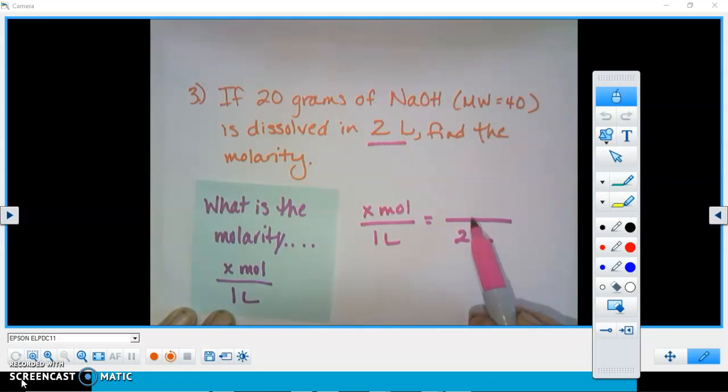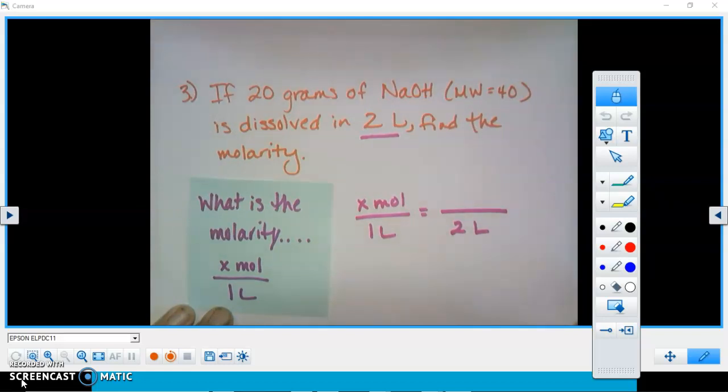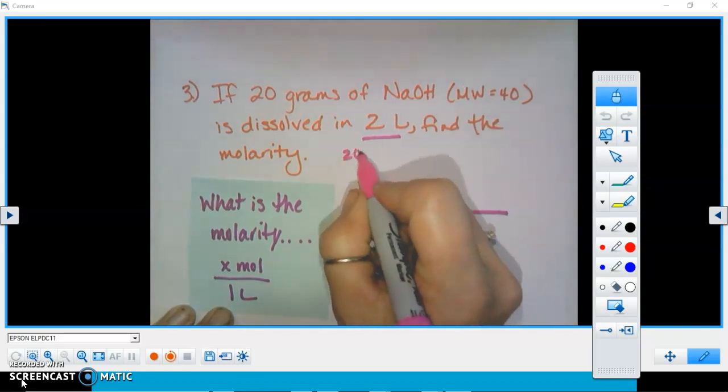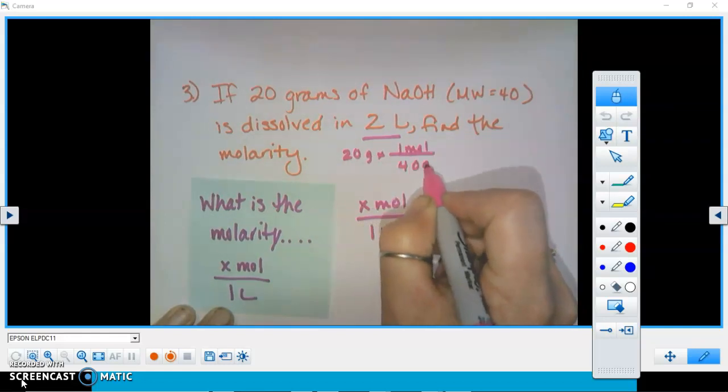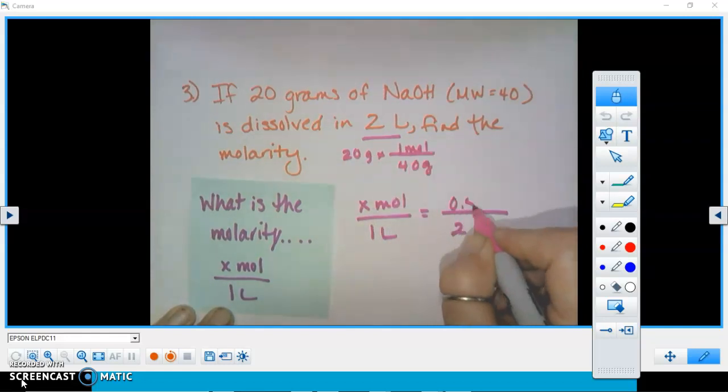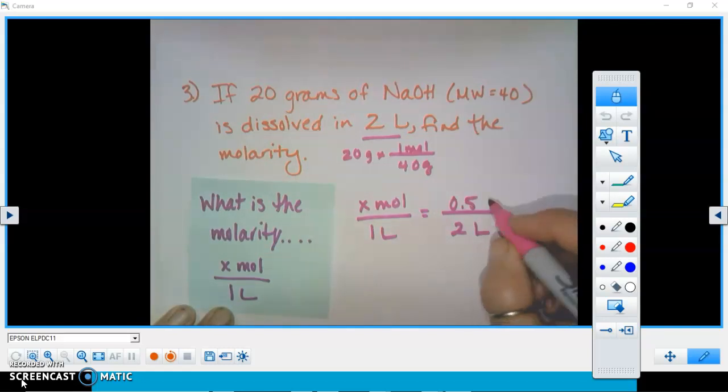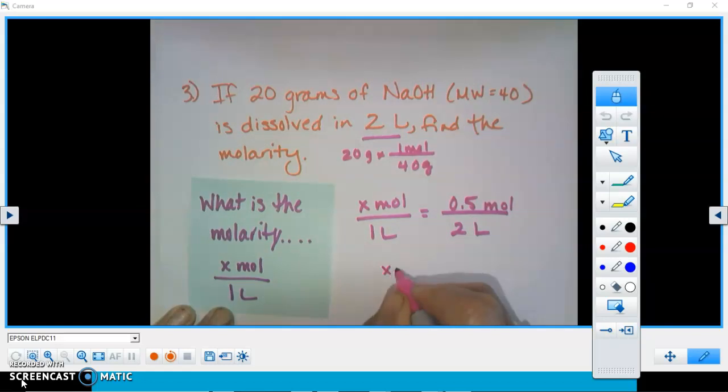I need to solve for moles first. The problem told us that the mole weight is 40, which means there are 40 grams per mole, which means I have half a mole here. Divided by 2. This time we don't get 4 because we're doing a half divided by 2, not 2 divided by half, so we get 0.25 molar in this case.